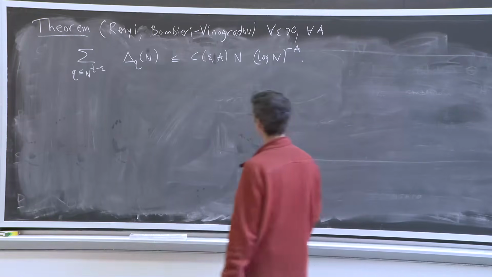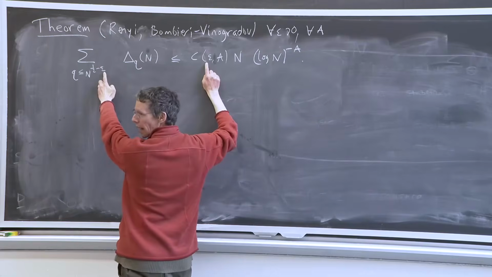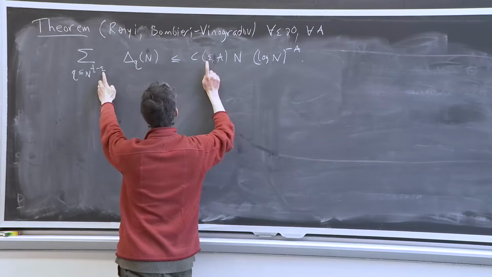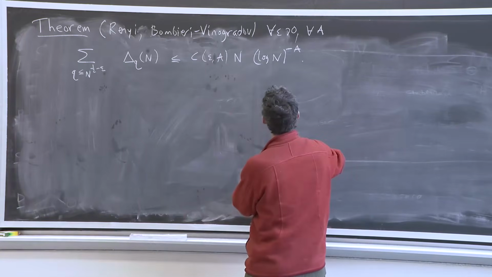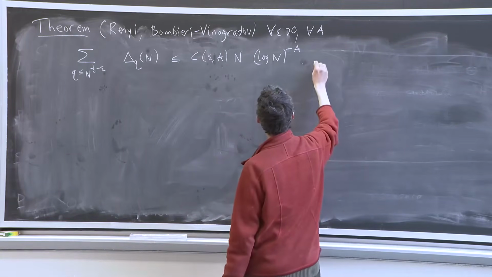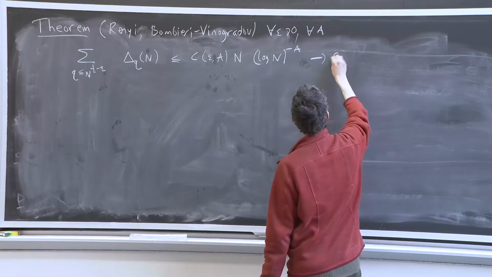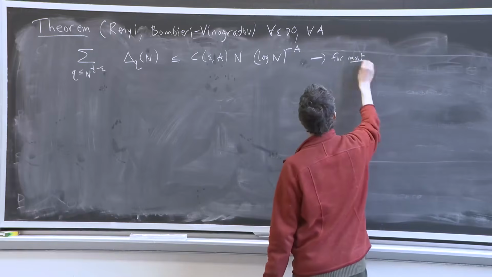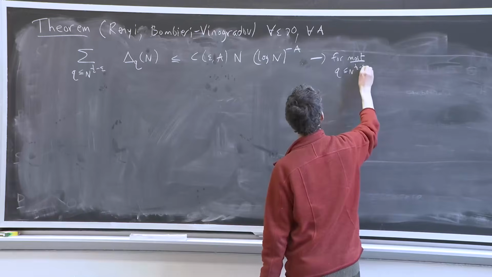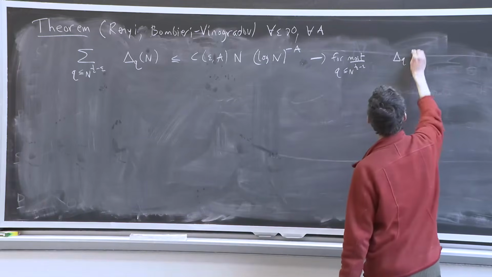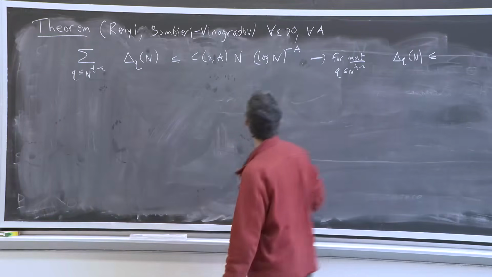OK, so let's digest this a little bit. So the job of epsilon is that we can almost go up to n to the 1/2, but not quite. And then the job of A is that this tells us that for most, not all, but most of the Q up to n to the 1/2 minus epsilon, delta Q of n is bounded by, well, I divide both sides by the number of terms.